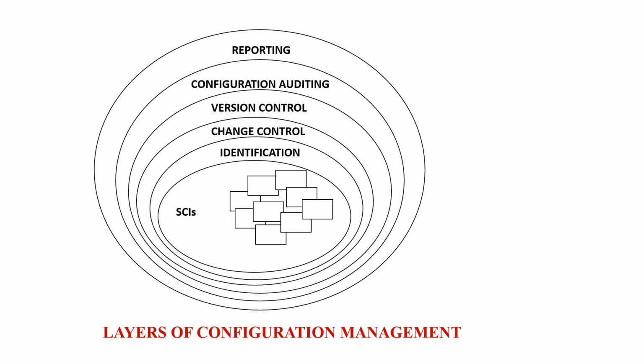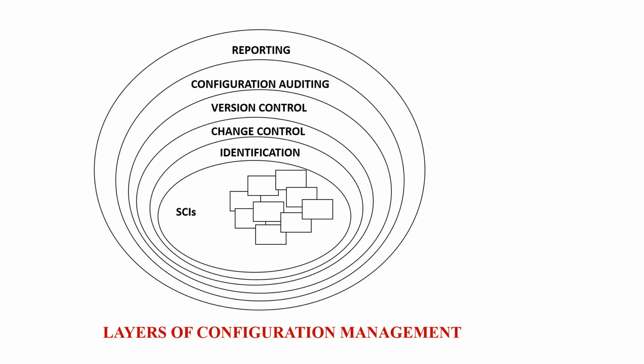We will be looking into various layers of the configuration management. We are having the identification layer, the change control layer, the version control layer, the configuration auditing and reporting. So identification layer, it will be having the identification of various softwares and the codes.